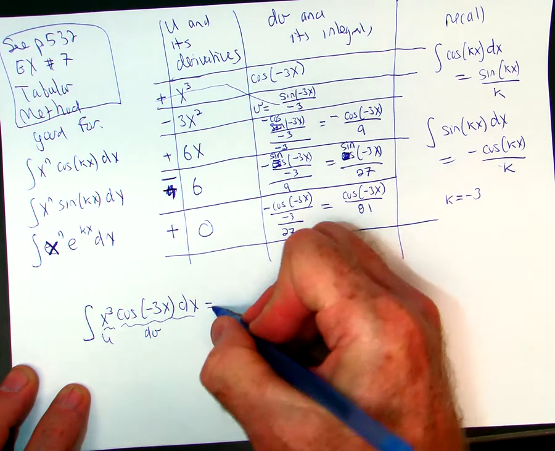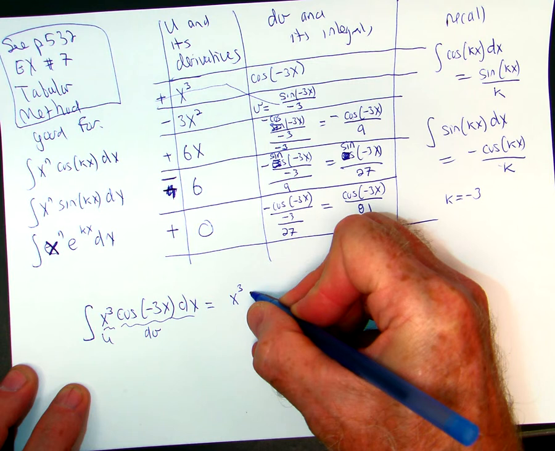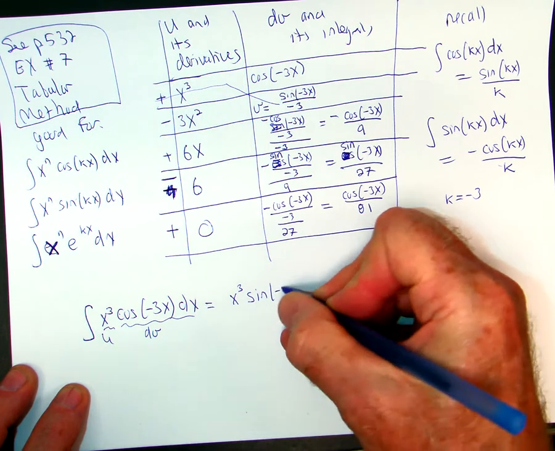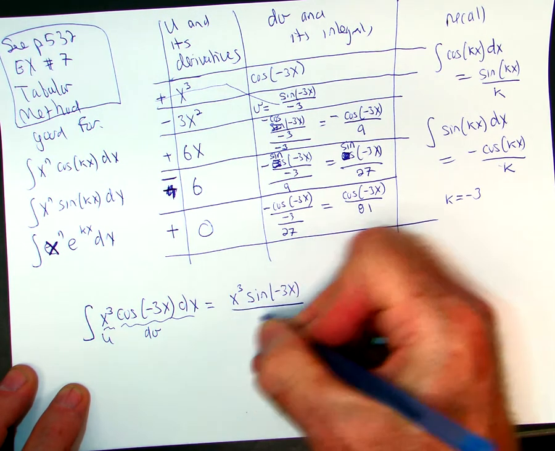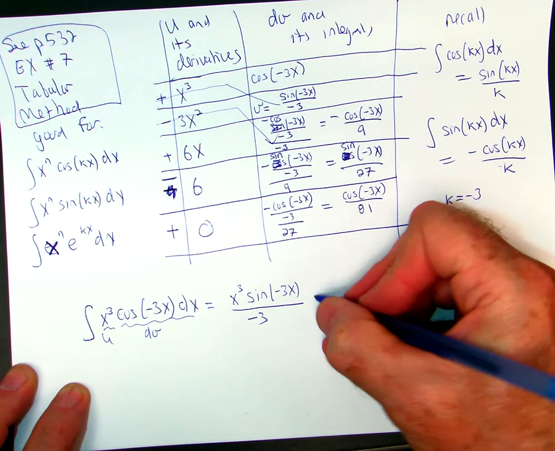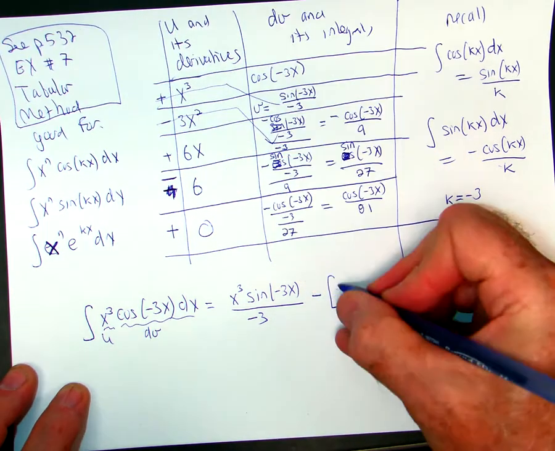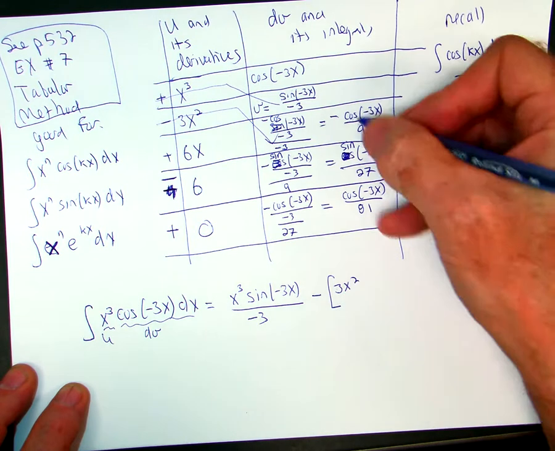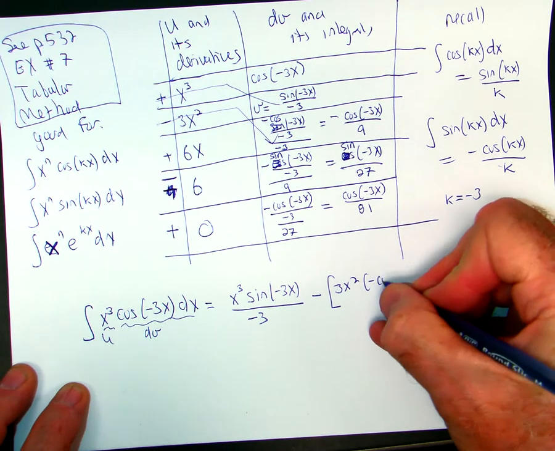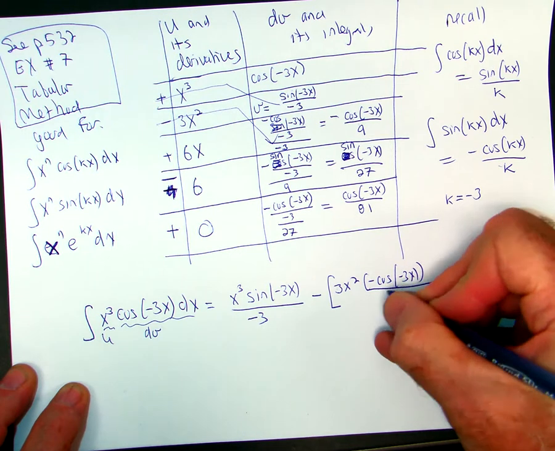So I'm going to get this plus sign, which I won't write, x cubed sine minus 3x over minus 3. Now the next term is going to be minus these two things. So I get minus 3x squared times minus cos minus 3x all over 9.